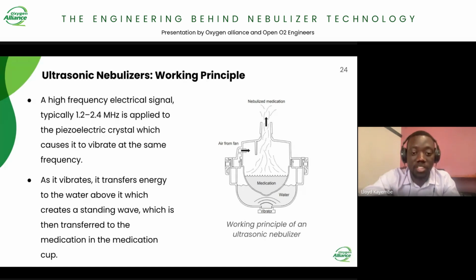You can see on the image I've labeled it a vibrator. This is actually the cooling water that I was talking about. Typically a high frequency electrical signal that is between 1.2 to 2.4 megahertz is sent from the control circuit board to the piezoelectric crystal, causing it to vibrate at the same frequency that it has been sent.